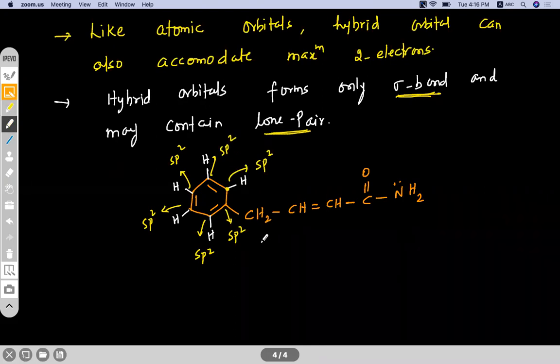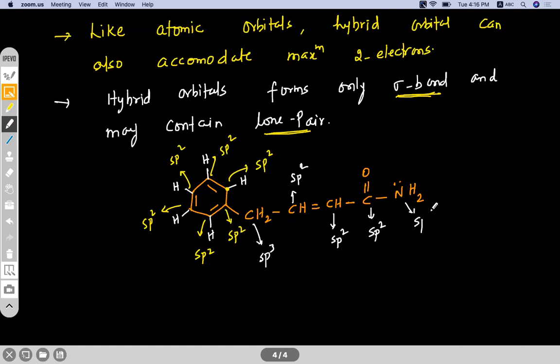This carbon is sp3. This carbon is sp2 because we have 3 sigma bonds. This carbon has 3 sigma bonds, sp2. This nitrogen has 3 sigma bonds and 1 lone pair, so it is sp3. Any doubt in this?